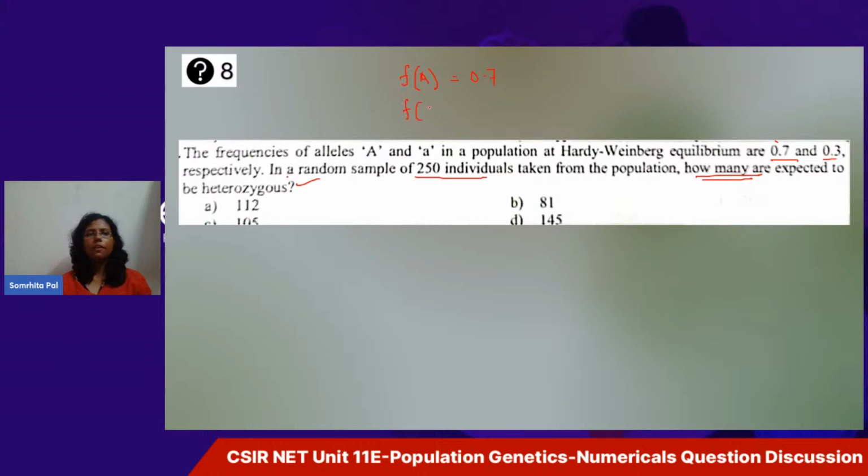The frequency of small a is given to you, which is 0.3. You are asked to find the number of individuals who are heterozygous. So how will you do this? First, find the frequency of heterozygous and then convert that into the number of individuals.